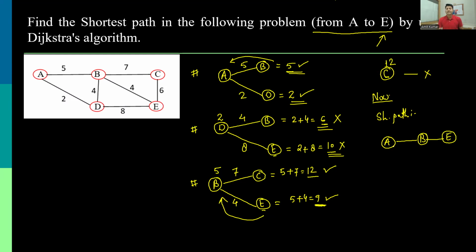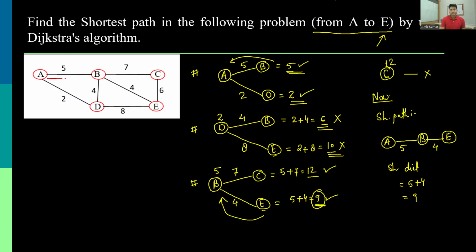The shortest path is we are supposed to move from A to B and B to E. A to B, the distance is given as 5, and B to E, the distance is given as 4. So the shortest distance is 5 plus 4, which is 9, and the same is from the last selection of E. So this is how we can find the shortest path.